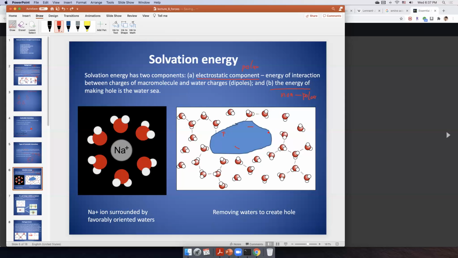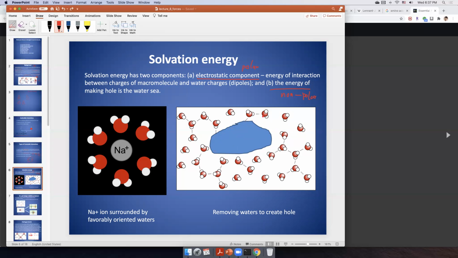Okay. Another part is, even if this protein is neutral, let's say it's not a protein, even if you put a stone in the water or a piece of metal into the water, there's no charge distribution at all. It's neutral.